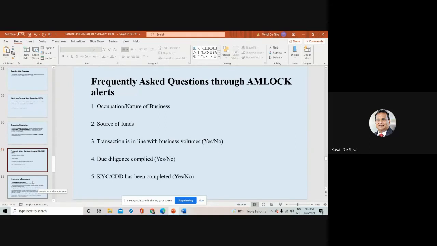Day by day, because compliance and risk are relatively new to banking, they are developing, and new systems and instructions are being issued by the regulator. So even your careers need to look at these areas, because they will be in more demand in the future.